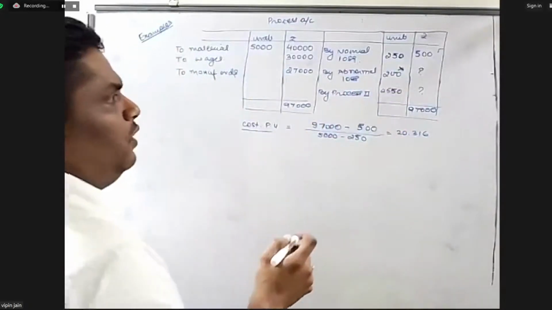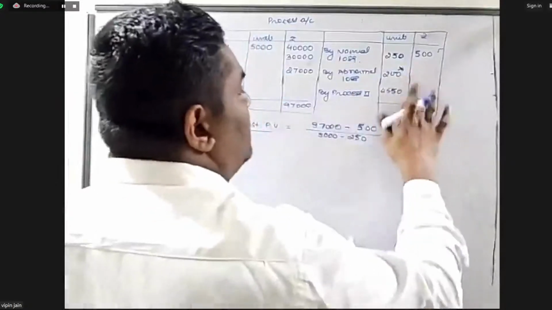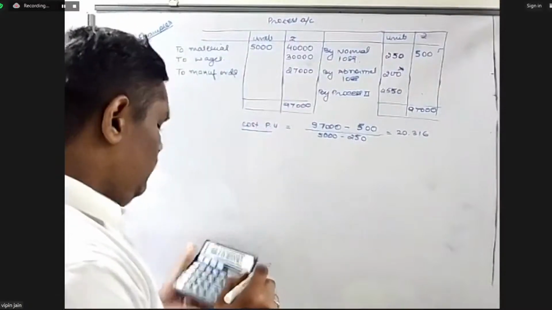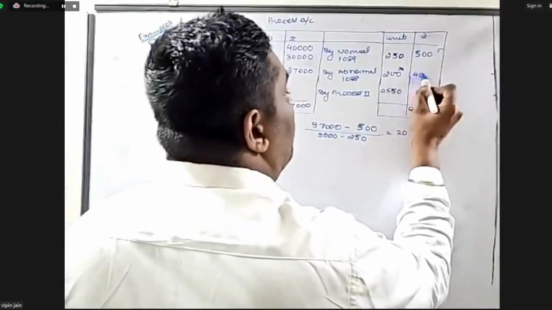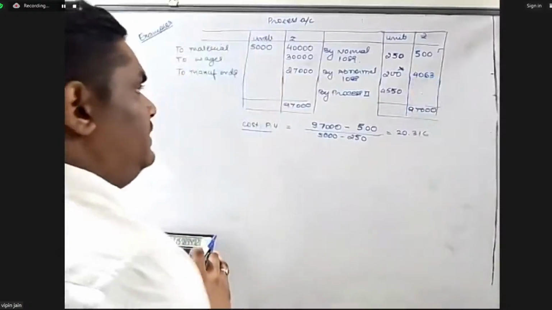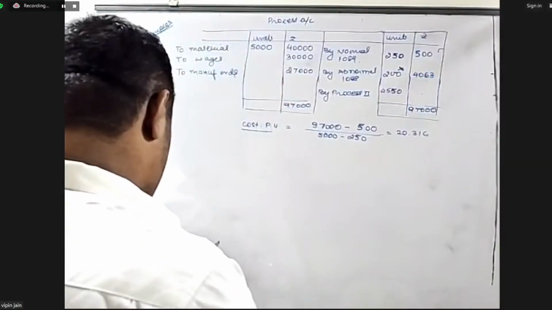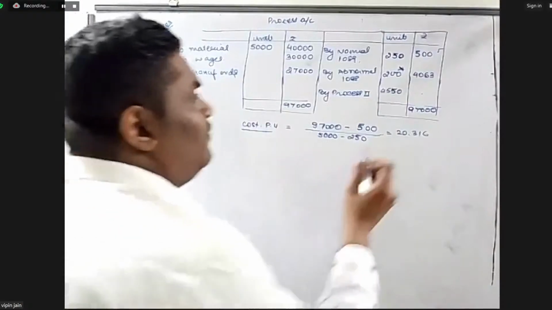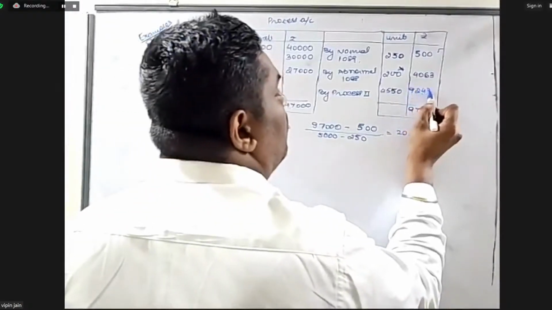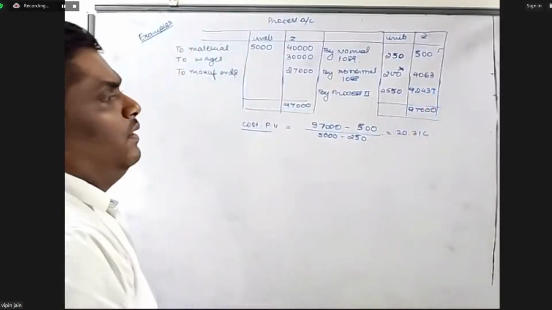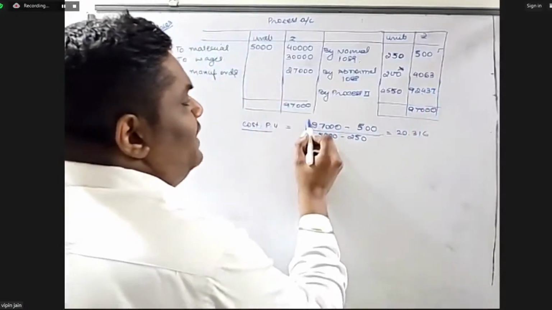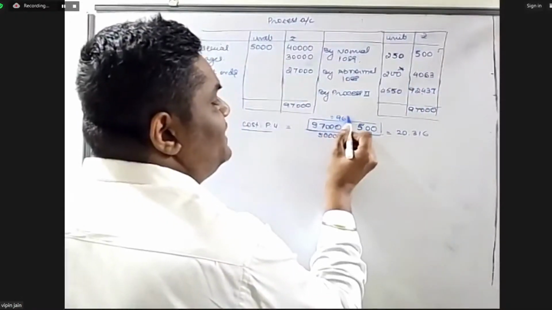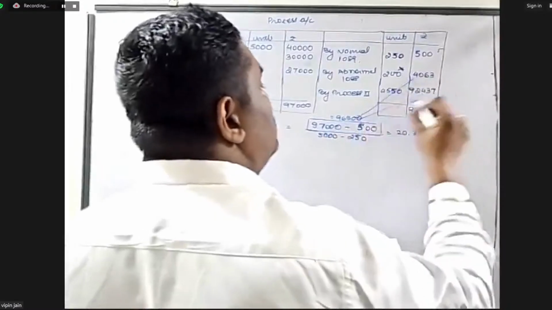Now we can calculate the value of abnormal loss, that is 200 into 20.316. So this will be 4,063, and this will be 92,437. Ultimately, what we are doing is distributing 97,000 minus 500, that is 96,500, among these two.